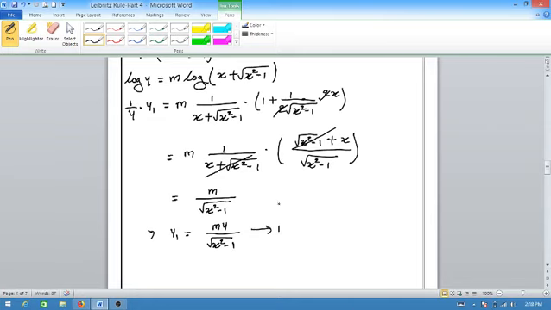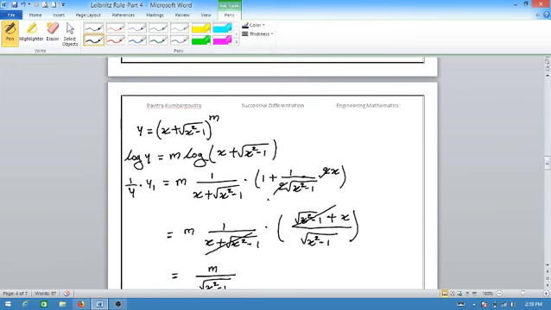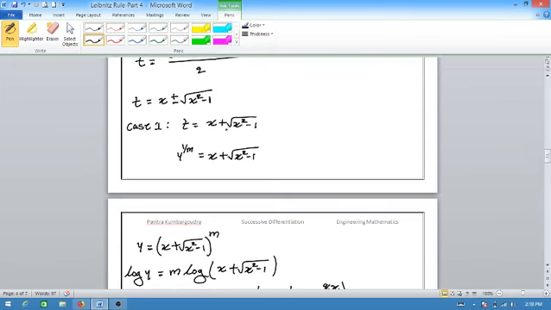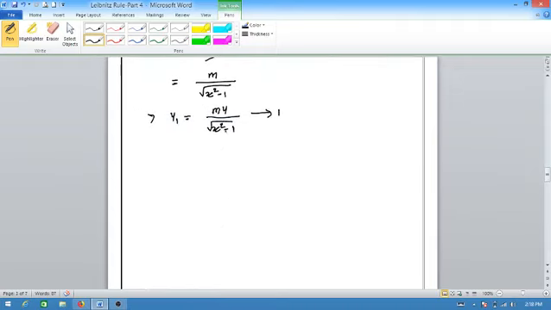Okay. So now case 2, if I consider t is equal to x minus root of x square minus 1. So write for case 2. If t is equal to x minus root of x square minus 1, so t is y raised to 1 by m is equal to x minus root of x square minus 1.